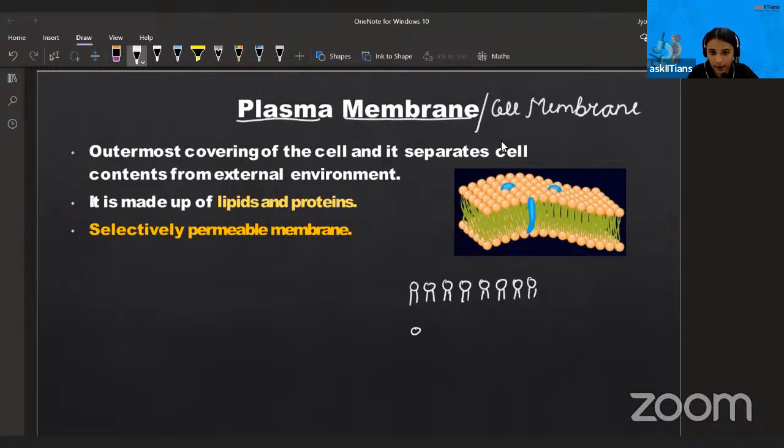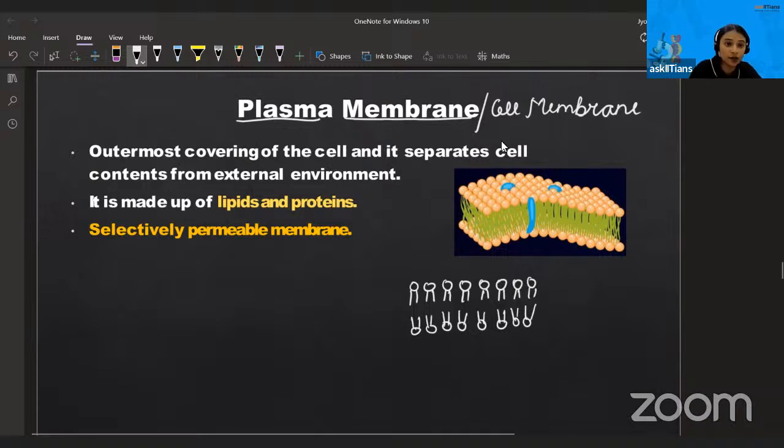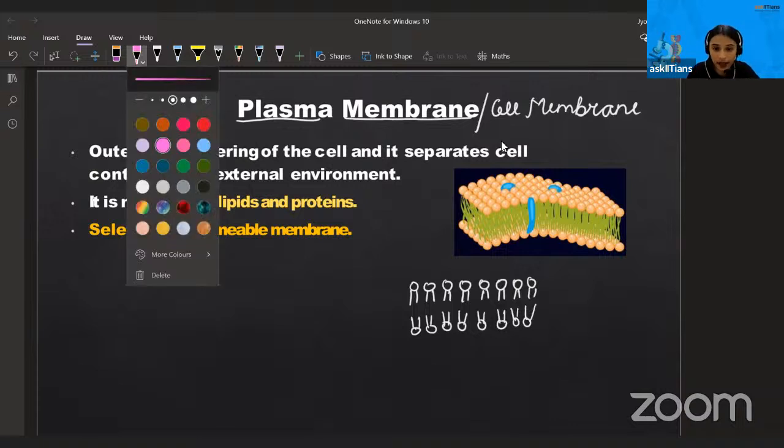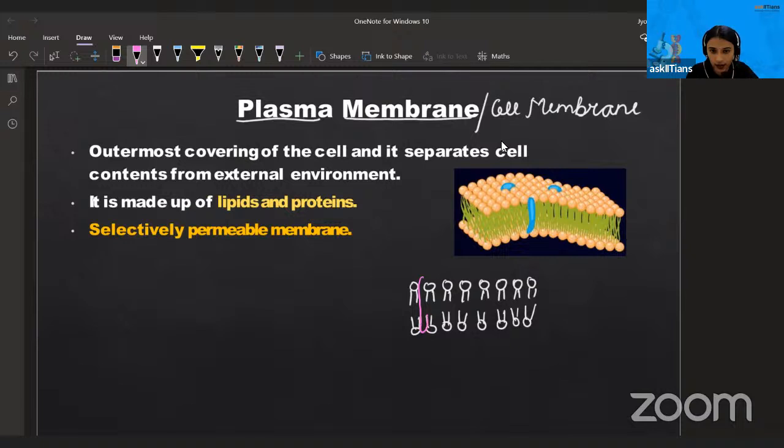So lipid is present in the form of a bilayer, and here you will observe the proteins are embedded in this lipid bilayer, like this.